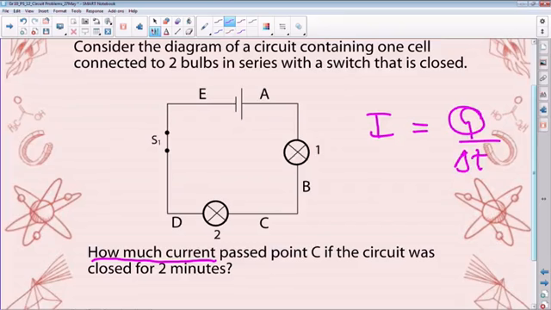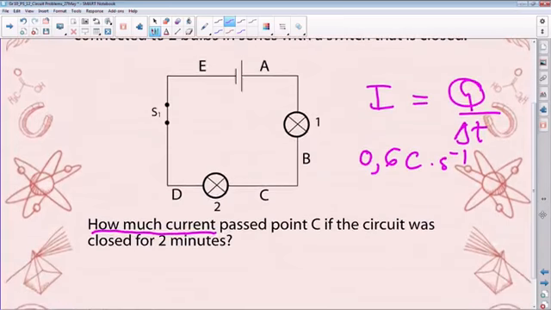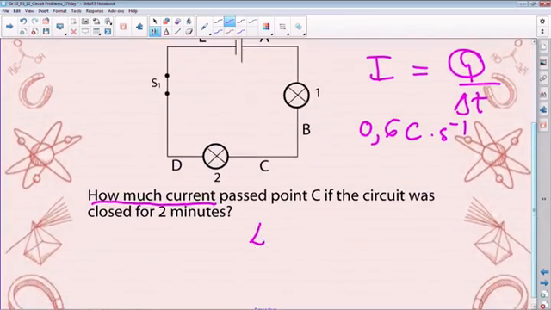The current that we were given was 0.6 amperes, which passes through per second, right? So we're saying that 0.6 coulombs of charge passes through per second. Now, in 2 minutes, we have to change the 2 minutes to the SI unit because we're talking time. So it will be 2 multiplied by 60, which is equal to 120 seconds.